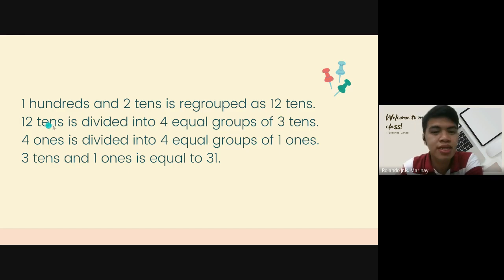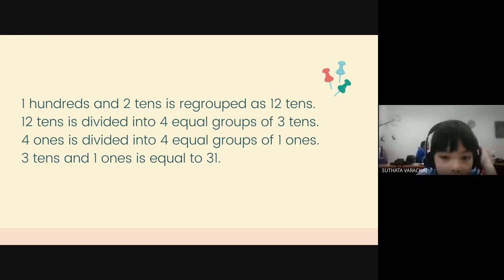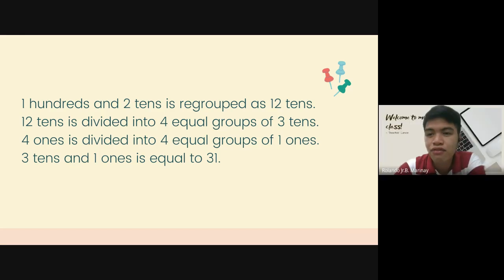It's like 12 divided by 4 equals 3. So that is in the place value of tens. And 4 divided by 4 equals 1.